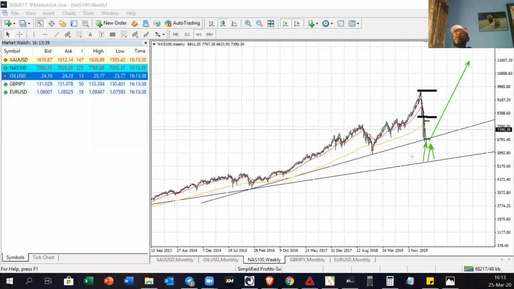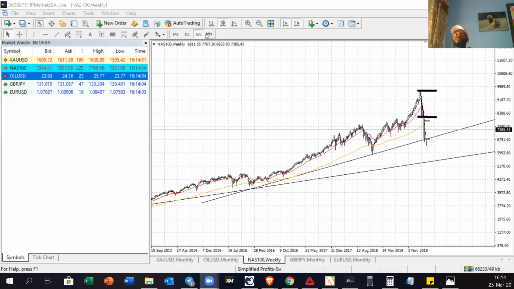This trend line is being respected. Price moved up and is currently trading at like 7,390 something. And I guess it's just a matter of what now. All right.